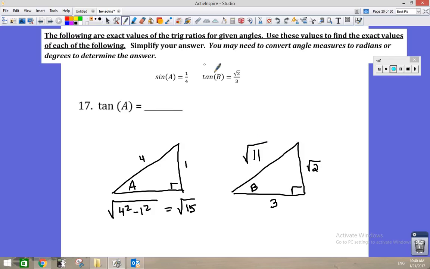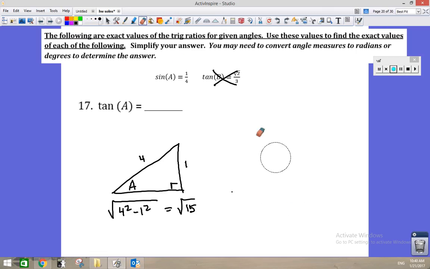We don't need the information about B, so we'll just use this triangle. The tangent is the length of the opposite leg over the length of the adjacent, and if we rationalize 1 over radical 15, we get radical 15 over 15, and there's our final answer for that one.